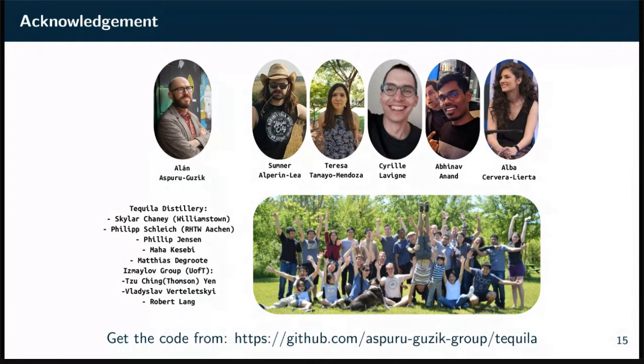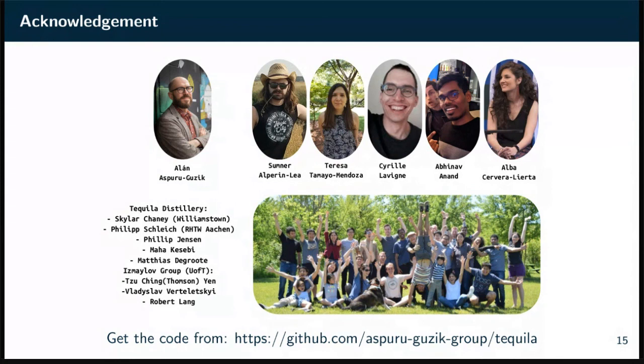Below you have the picture of the whole group, and on the left further people who helped with certain aspects of Tequila, or who are currently implementing some features for it. I want to mention Thompson Yen and Vladislav from the Izmaylov group.